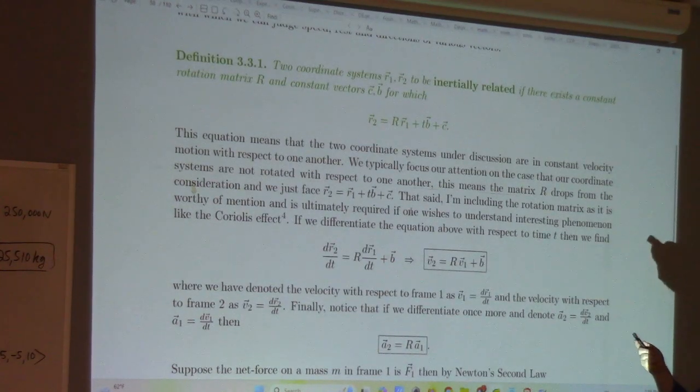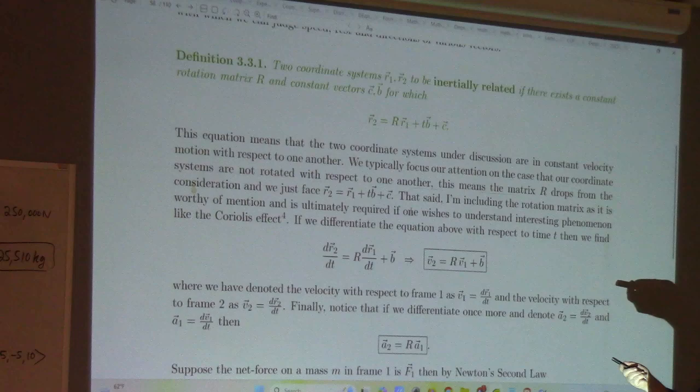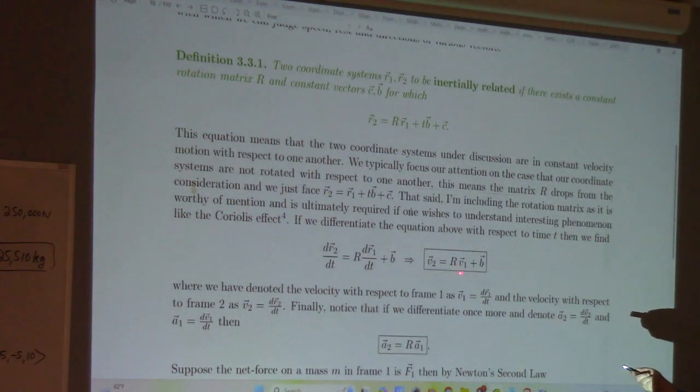The constant vector differentiates to 0. And this gives us that the second velocity is equal to the rotation of the first velocity plus this B. Now this B right here is the velocity of the origin of the first coordinate system with respect to the second.